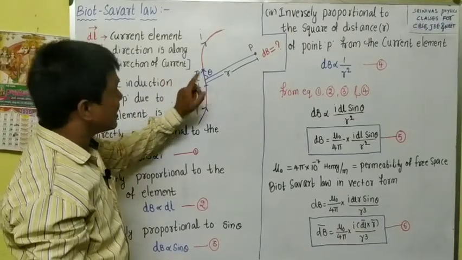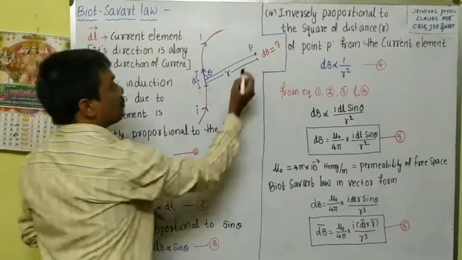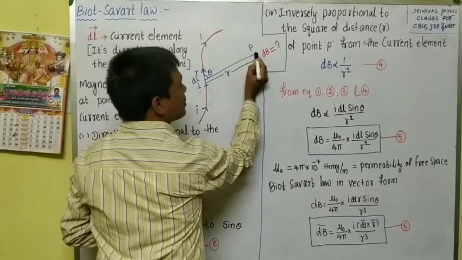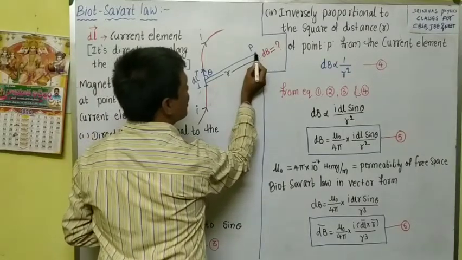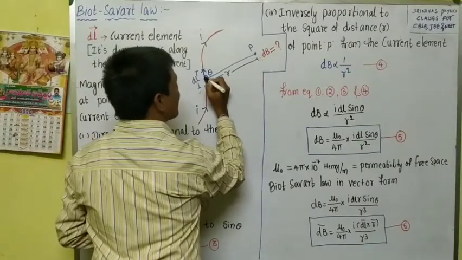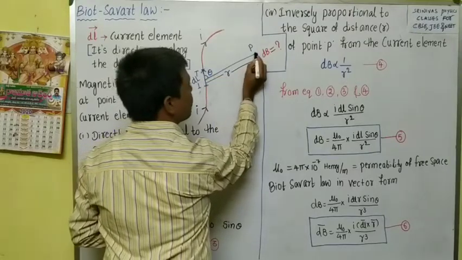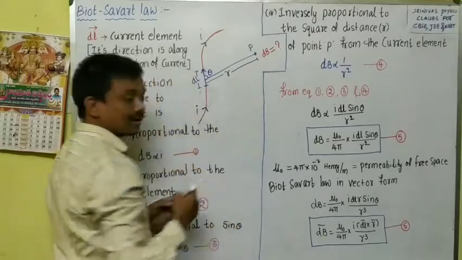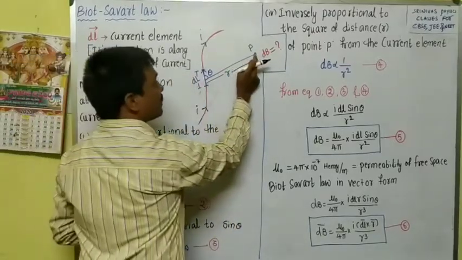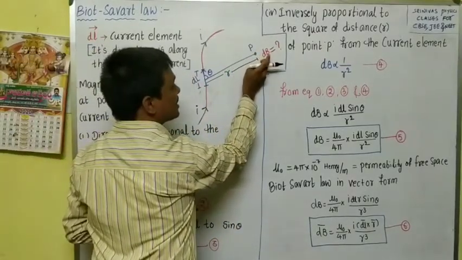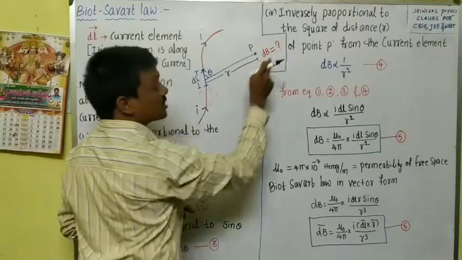Its direction is in the direction of the current. At point P, which is at a distance r from the current element, I want to find out the magnetic induction. That is, I am considering it as dB. dB is equal to what?